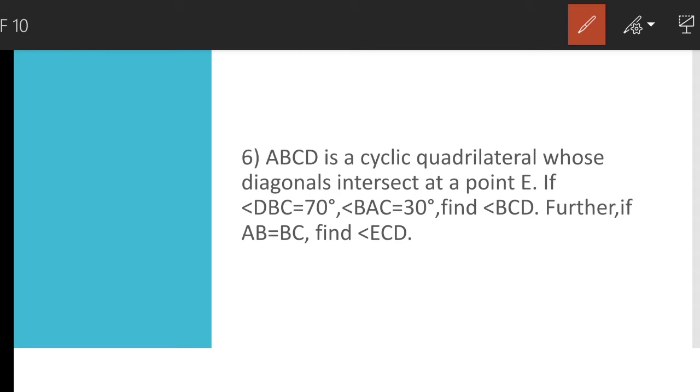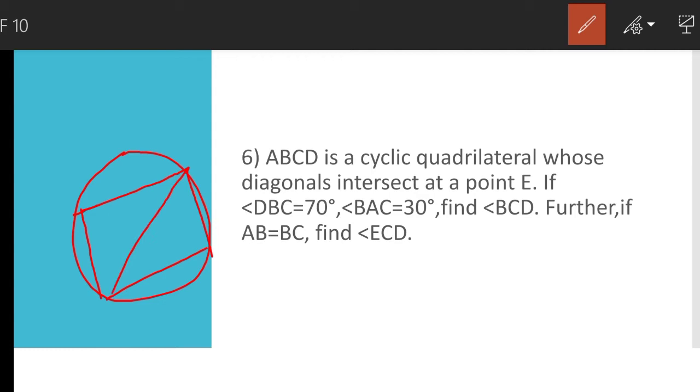First we have to find BCD, then it says if AB is equal to BC, then we have to find angle ECD. So first we have a cyclic quadrilateral, that means inside a circle we have a quadrilateral. The diagonals, that is these two, meet at E. So let this be A, B, C and D. BD and AC meet at E.